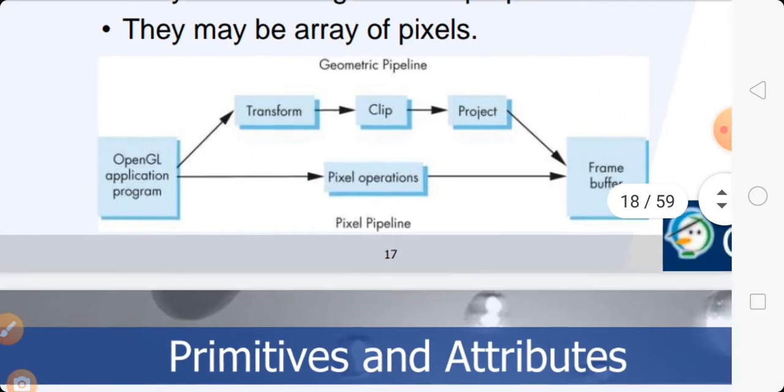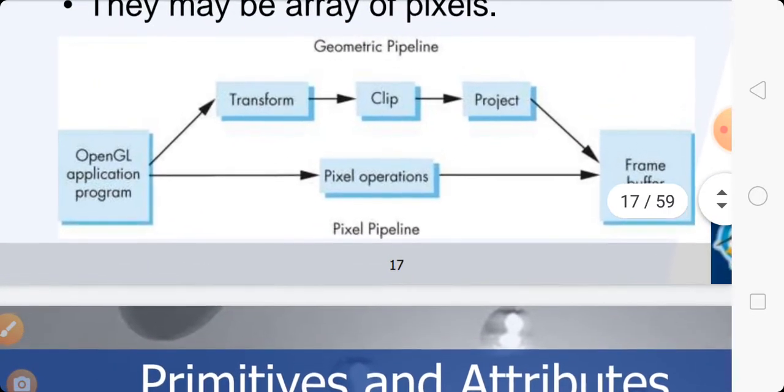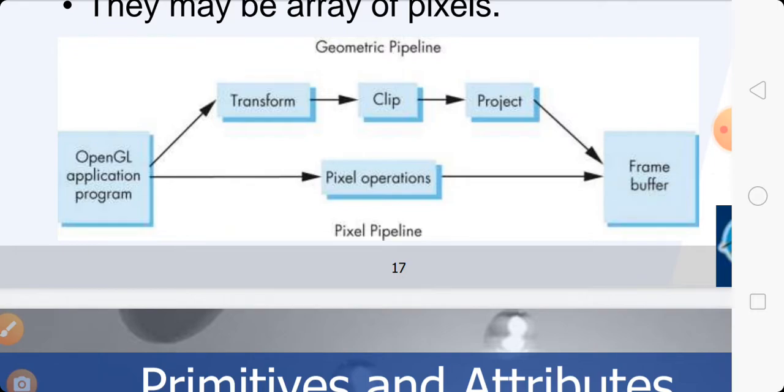So this is the diagram. You can see here the geometric pipeline, the OpenGL application program, that is the OpenGL API. In computer graphics, whenever we want to draw a picture, we use the frame buffer to store its intensity, in terms of pixel position, color, sharpness, etc. The diagram shows the operation of the frame buffer and the OpenGL application program.